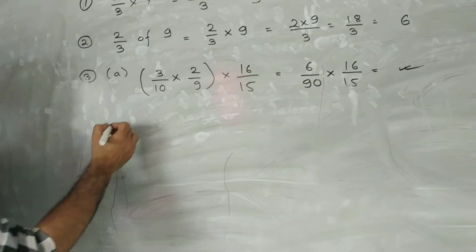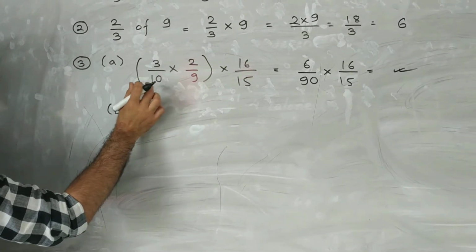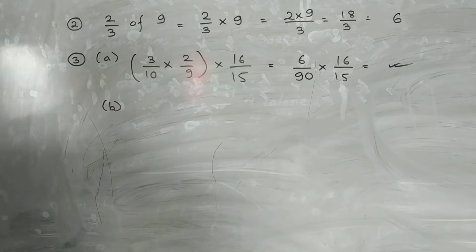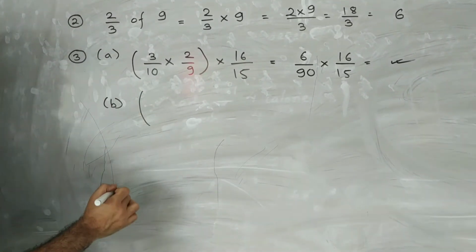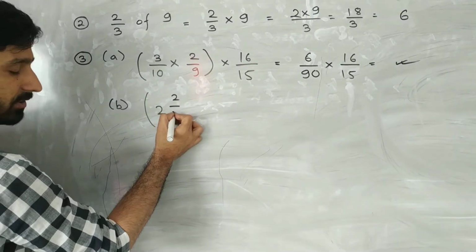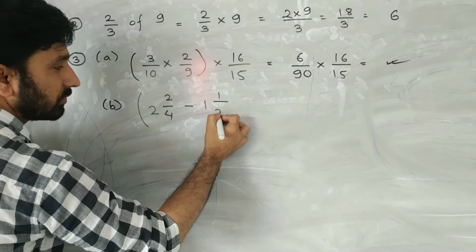Now the next second type is this type of simplification. Here it includes a bracket and has only multiplication. Now let's suppose it has addition or subtraction, and it may have mixed fractions too.